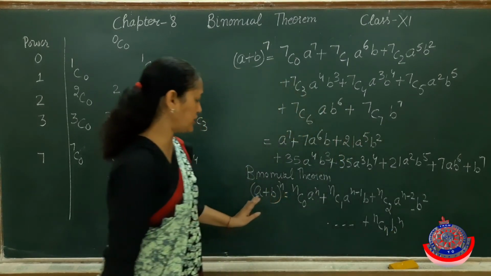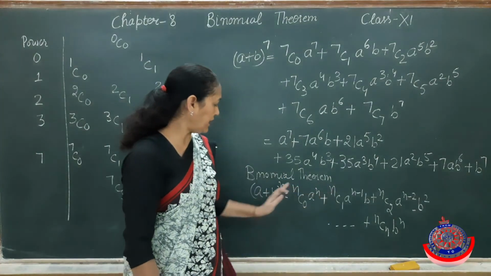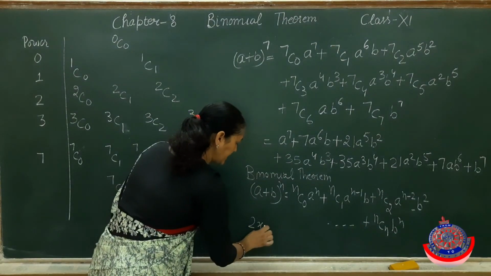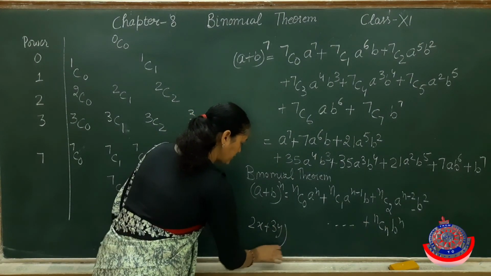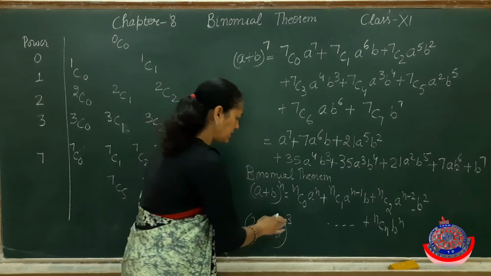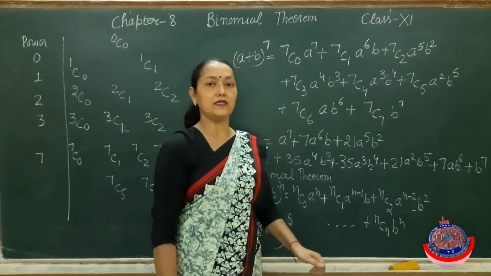So this expression is known as the binomial theorem, and by putting the values, say A as 2x and B as 3y, very easily, with power 3, or power n, we can have 5, 7. We can very easily open these expressions.